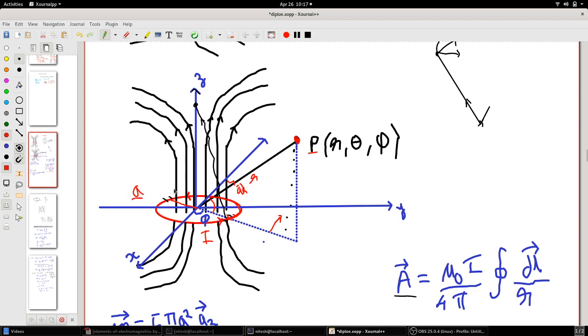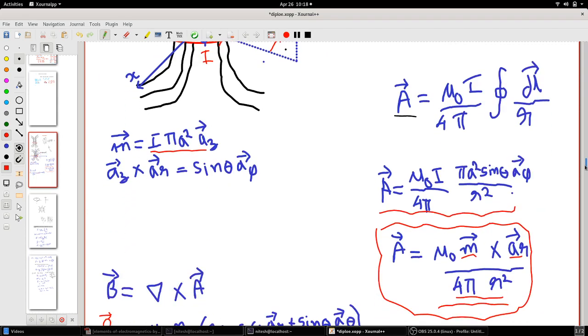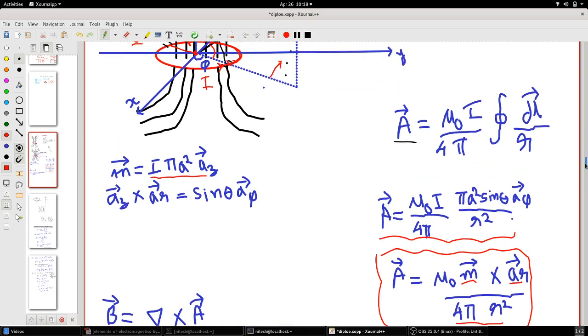The loop was in the xy plane, with the normal to the plane being the z-axis, placed exactly with its center at the origin, and you wanted to find the magnetic field intensity at this point. So this is the expression that we get: mu 0 m cross AR divided by 4 pi r square.